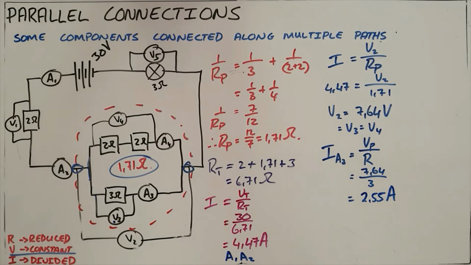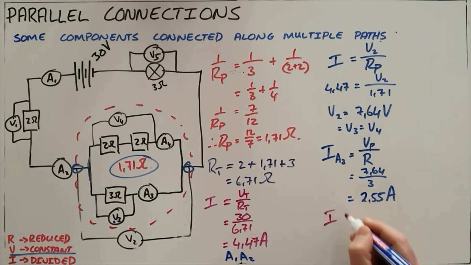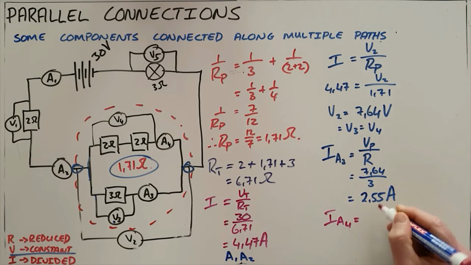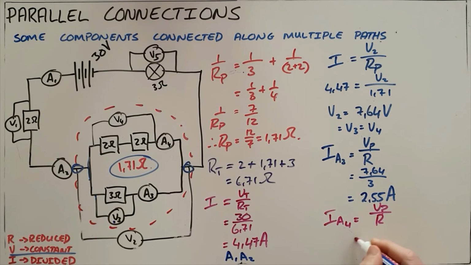We can then similarly calculate the current that is passing through A4, saying A4 is equal to, again, the parallel voltage. We know the resistance in that arm, so we can substitute the same parallel voltage, because it is constant in parallel, divided by the resistance of 4 ohms this time, which gives us a current of 1.91 amps.